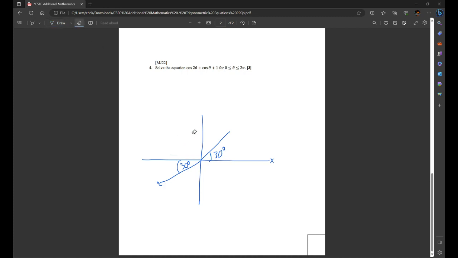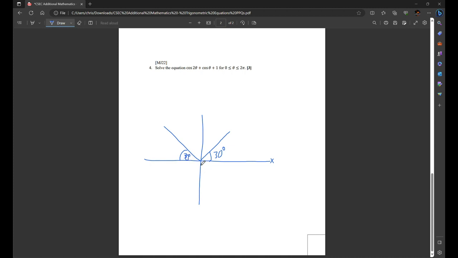But let's say I didn't want to go so far. I erased the axis, let me put that back. So yeah, let's say I actually just wanted the 30-degree angle in the second quadrant, right?